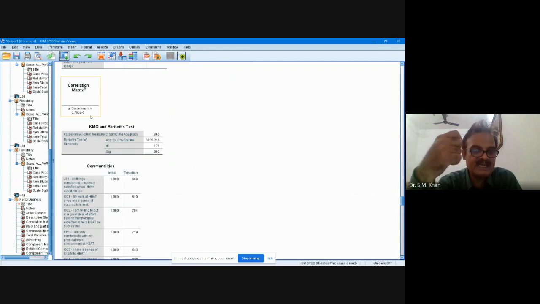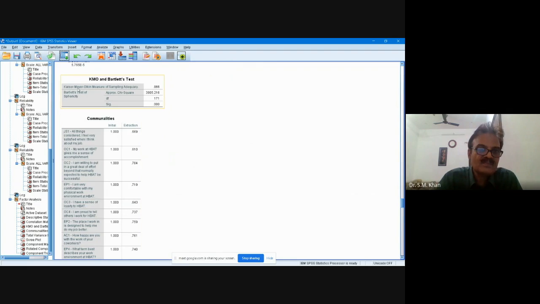If the value of determinant is greater than 0.00001, then it will guide you there is no multicollinearity in your data set. In my case, it is 0.00005. So you can say that my data is free of multicollinearity. So there is no problem in the data set. We can continue for the factor analysis.